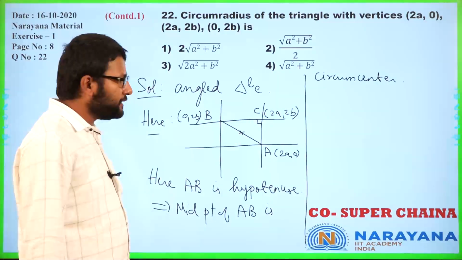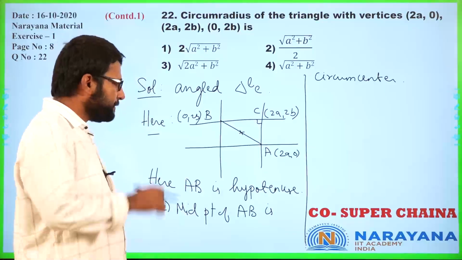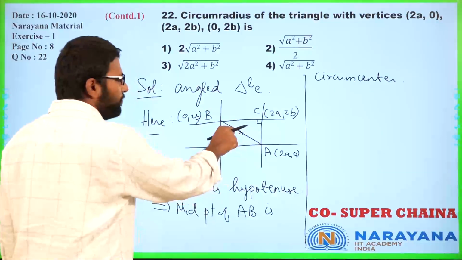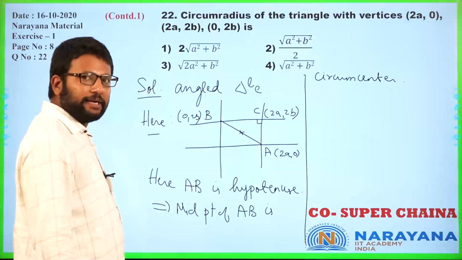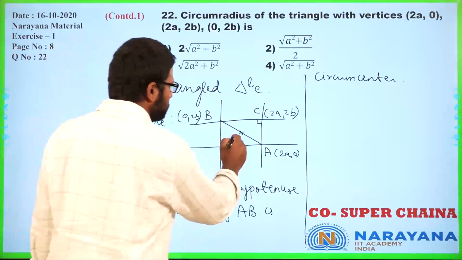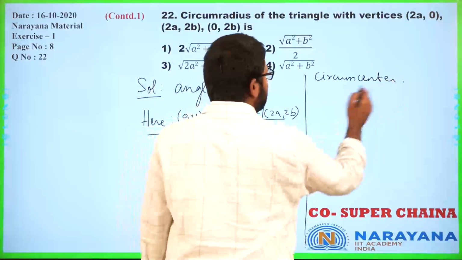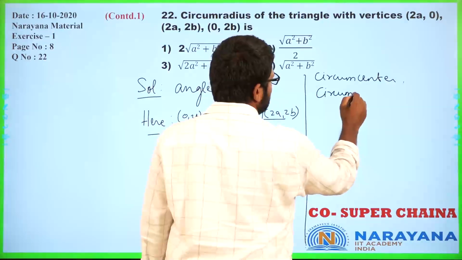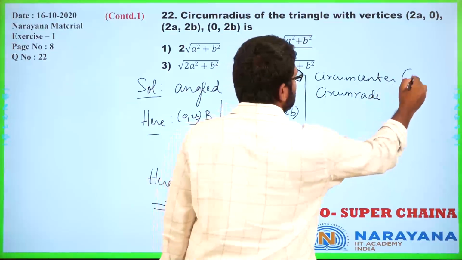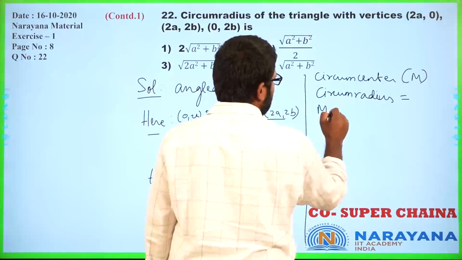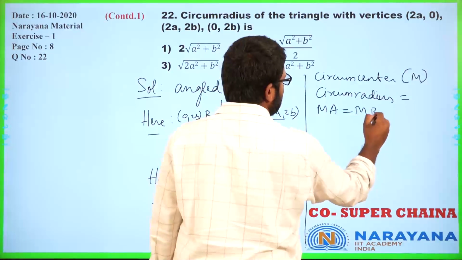Now circumradius means the distance of the circumcenter from any of the vertices, correct? So let us call this point M. Circumradius equals MA equals MB equals MC.